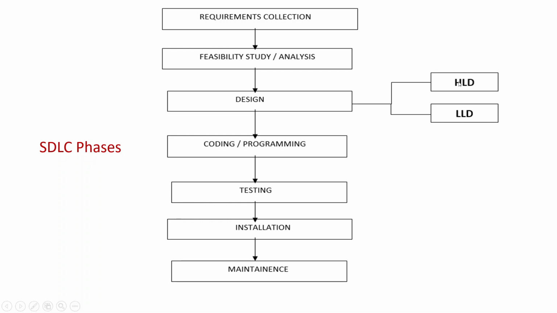Here, the architects or the senior developers will be preparing a high level design document. What they prepare basically gives the architecture of the software product they are going to develop.